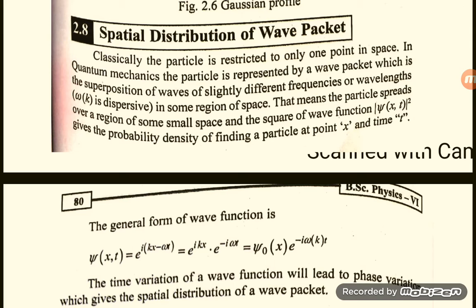A difference of slightly different frequencies or wavelengths is present in some region of space. That means the particle is spread over a region of small space, and the square of the wave function gives the probability density of finding the particle at point x and time t.